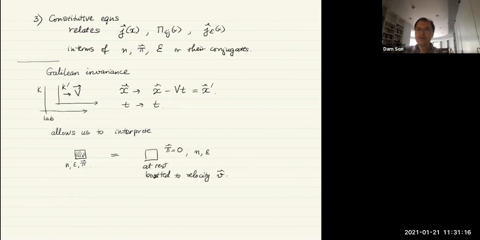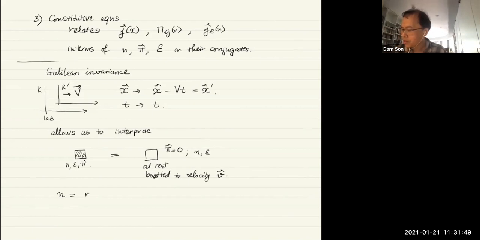Using the rule of Galilean transformations, which we talked about the previous time, we can map the conserved quantities in the original moving volume of fluid to the fluid at rest, moving with boosted velocity V. The formula we will have here is that n is the same, n is n.